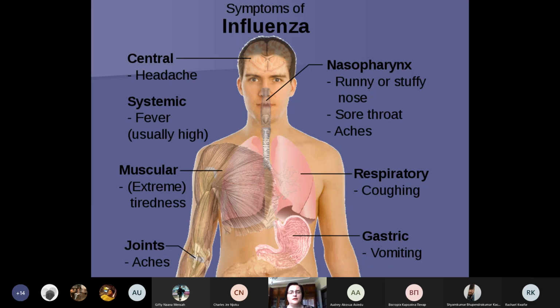As systemic illness abates, respiratory symptoms become more apparent. The most troubling respiratory symptom is protracted cough, which results from viral tracheobronchitis.